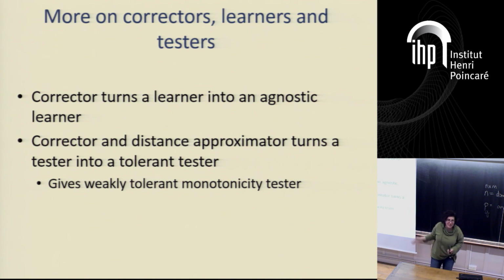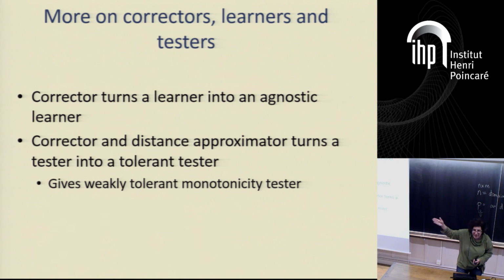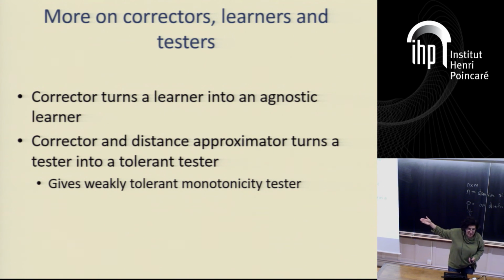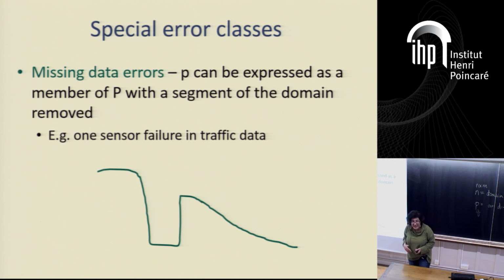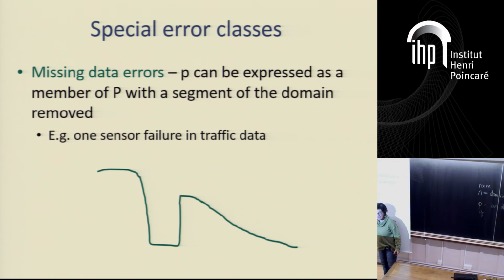So maybe this is good news, maybe this is bad news, because maybe what this says is that it's easy to get lower bounds for these sample correctors. Not sure. If you look at special error classes, you can also get better results than what we said, such as if you assume that all these sensors are broken and not sending you samples.